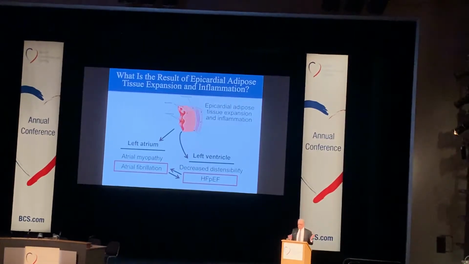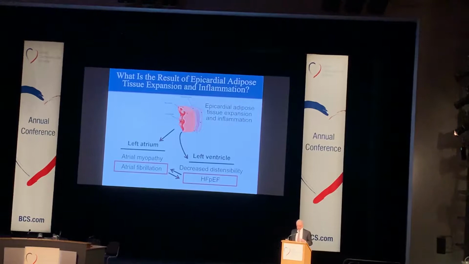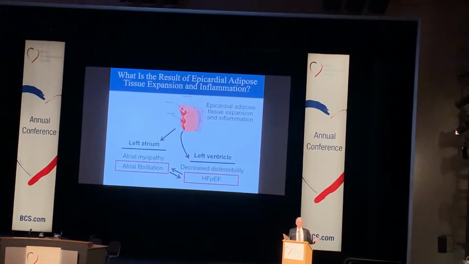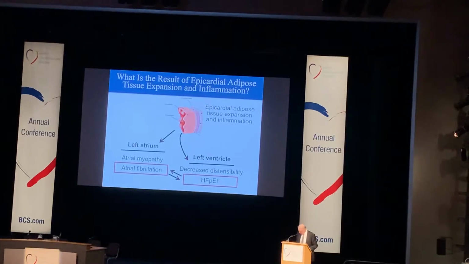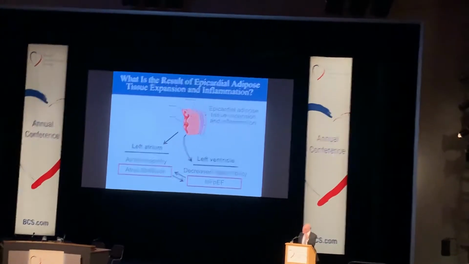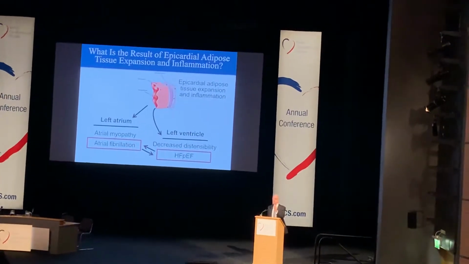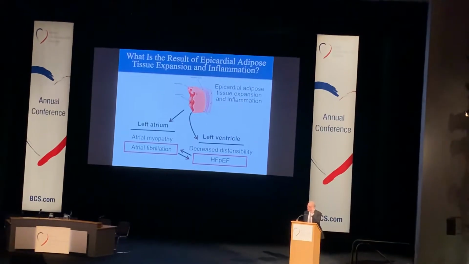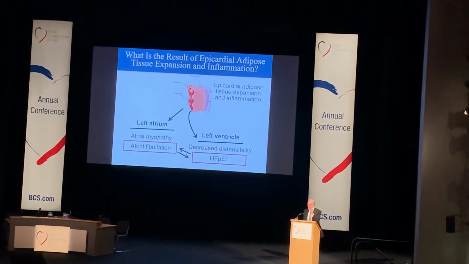So, atrial fibrillation and heart failure with preserved ejection fraction, in patients with metabolic and inflammatory diseases, are part and parcel of the same genesis. It is epicardial adipose tissue expansion and inflammation.